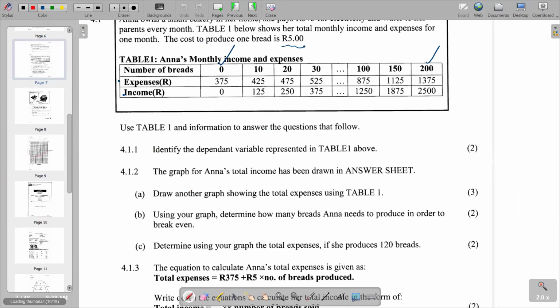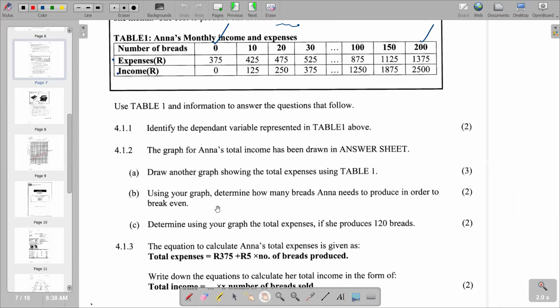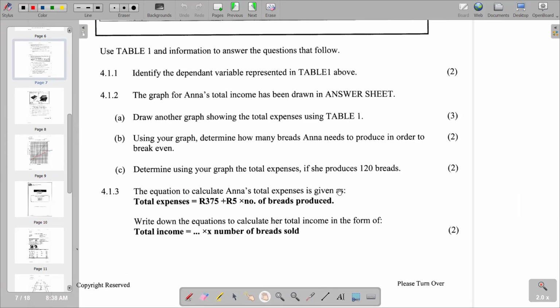Then we go to the next part, which is 4.1.3. The equation to calculate Anna's total expenses is given as total expenses equals 375 rands plus 5 rand times number of braids produced. Write down the equation to calculate the total income. We look for a constant times number of braids sold.